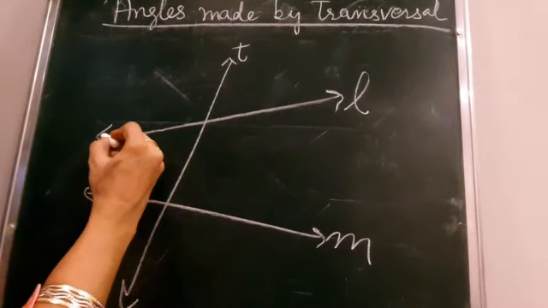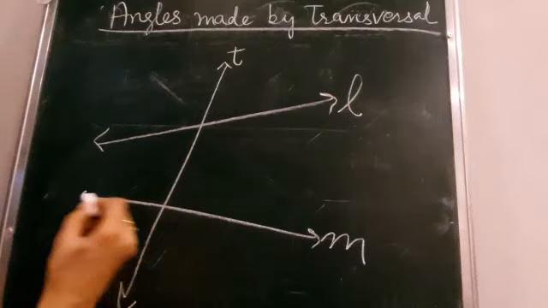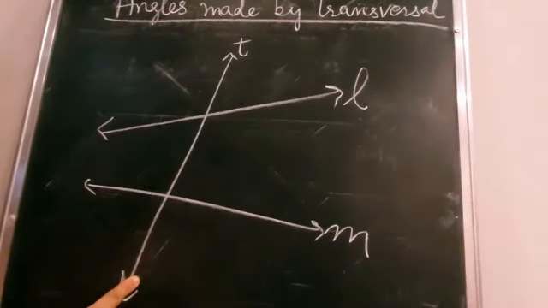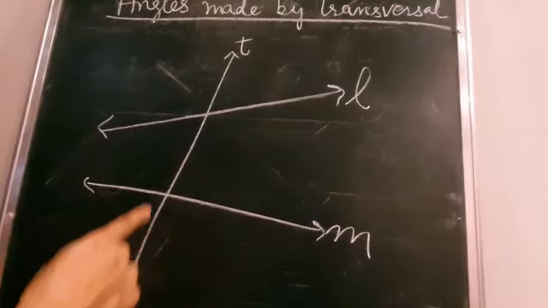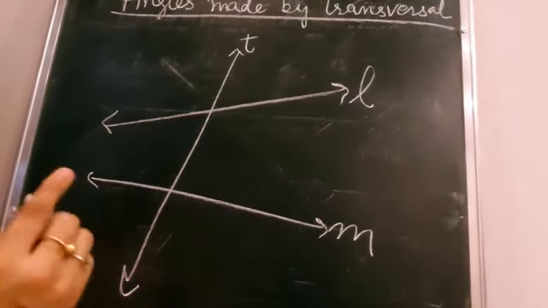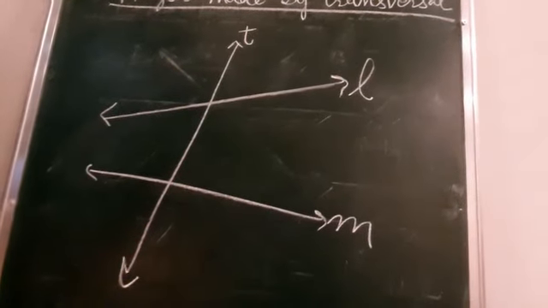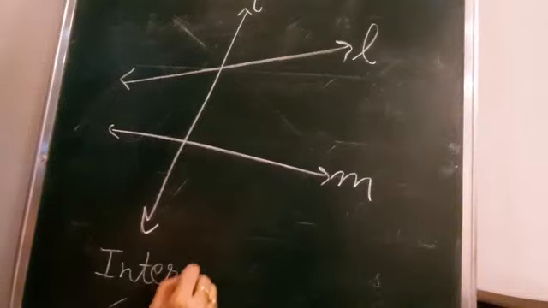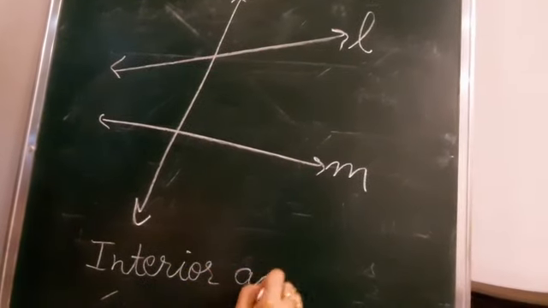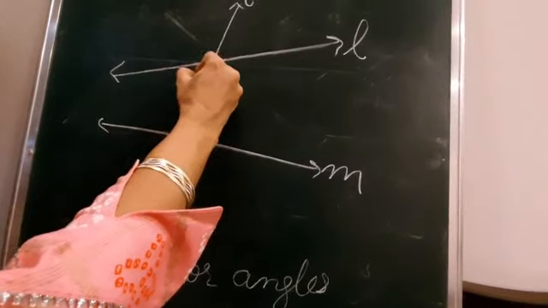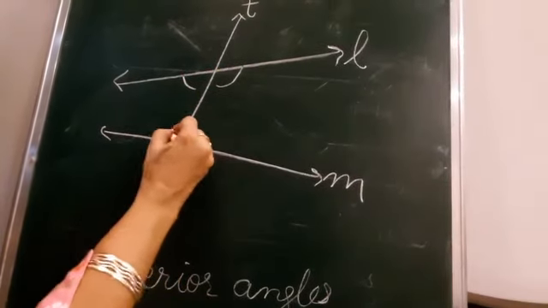Angles made by transversal. Suppose these are two lines L and M, and T is a transversal. Now how many types of angles can be made by this transversal? See the types. First of all, let me tell you about interior angles. What are interior angles? Here this angle, this and this.